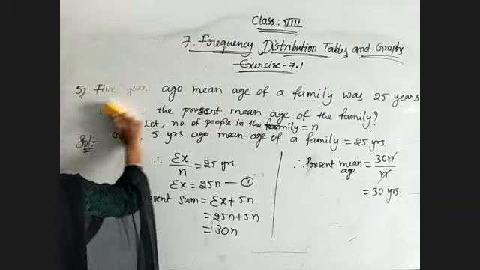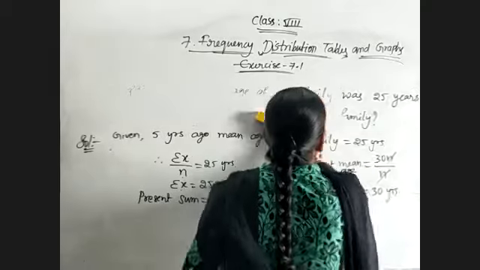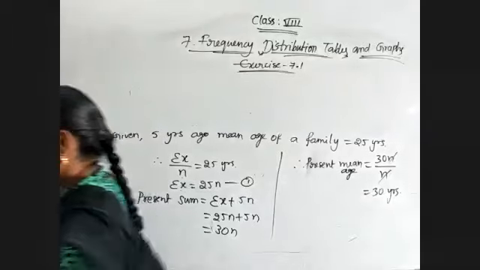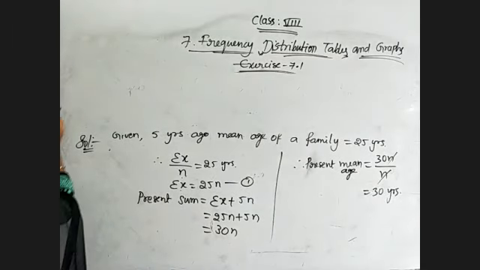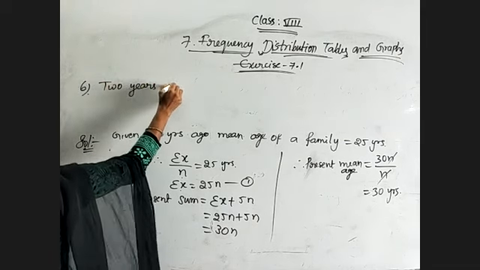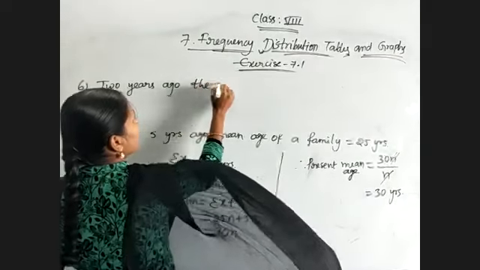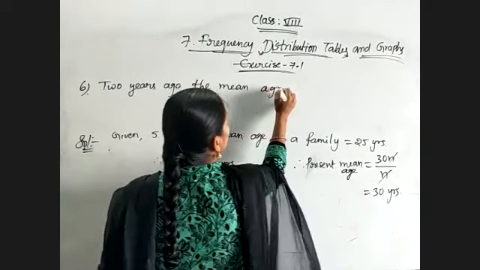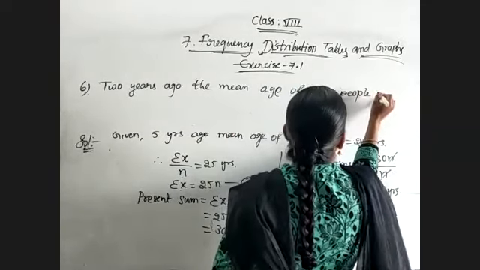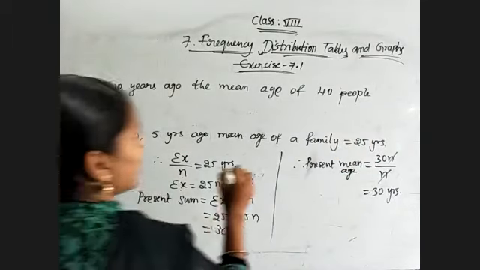Now coming to the next problem, sixth question. Two years ago, the mean age of 40 people was 11 years.